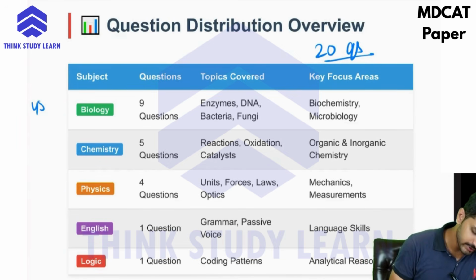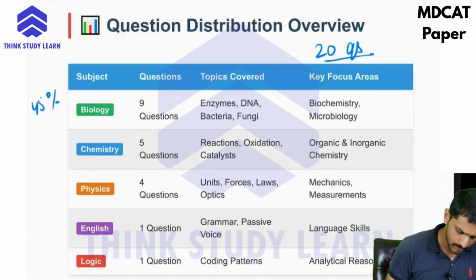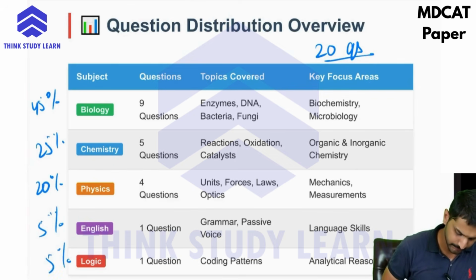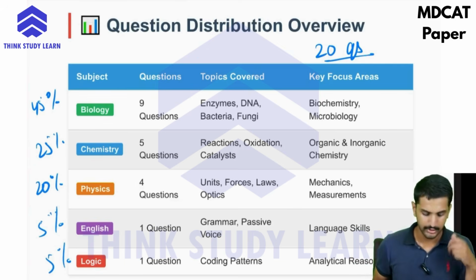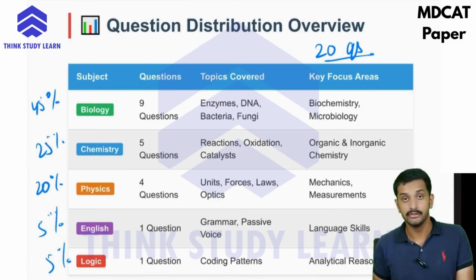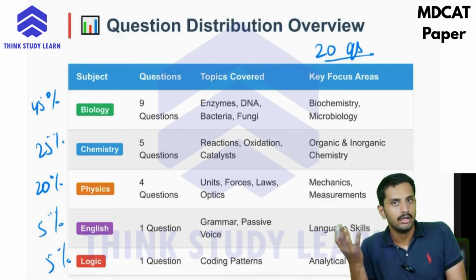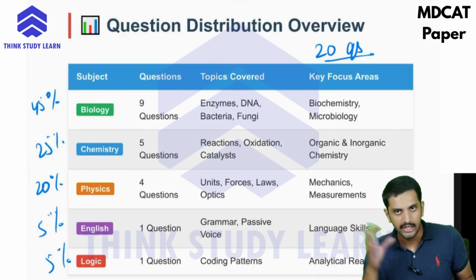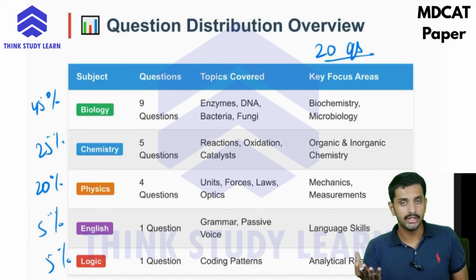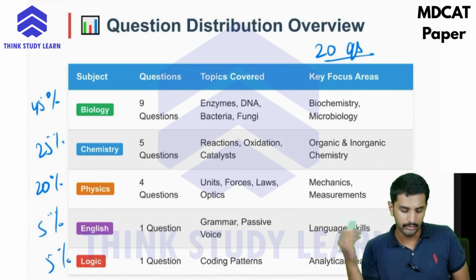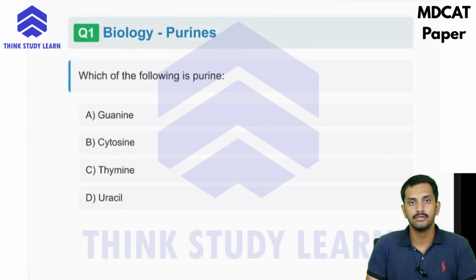So 45% for biology, 25% for chemistry, 20% for physics and the rest 5% and 5%. So it is 45 plus 25 is 70, 70 plus 20 is 90, 90 plus 5 plus 5. We have the whole MDCAT paper but scaled down to 20 MCQs so that I can give you an idea of how the videos in our app look like.